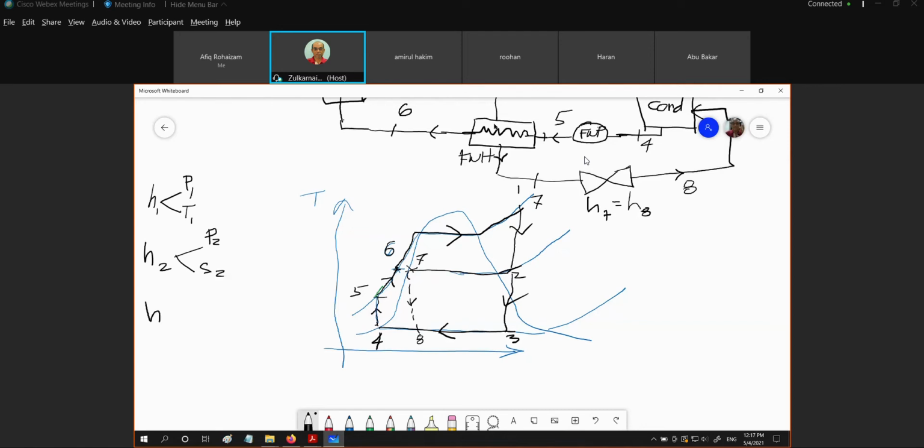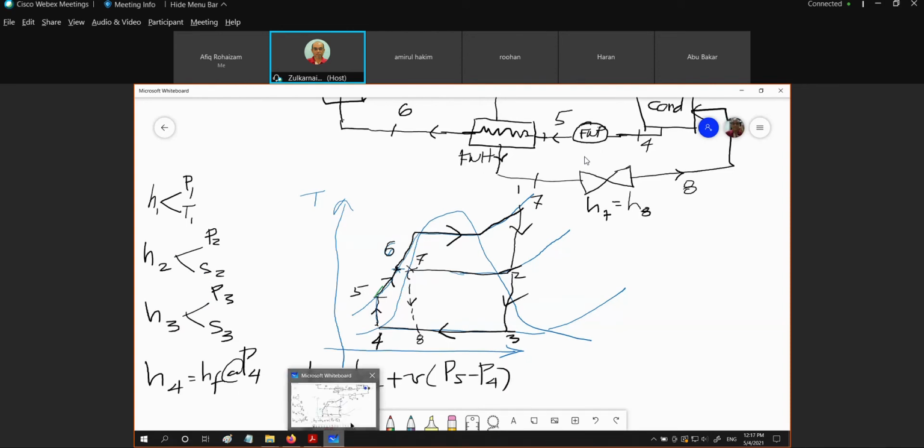Enthalpy 3 is based on P3 and S3. H4 is equal to HF at P4. And then H5 is equal to H4 plus v(P5 minus P4).